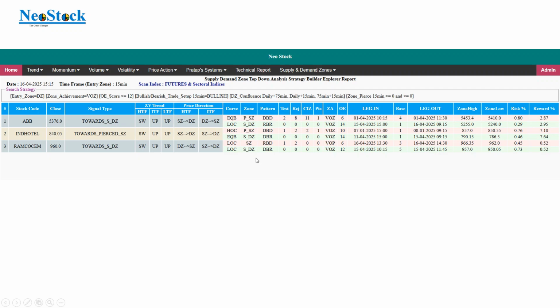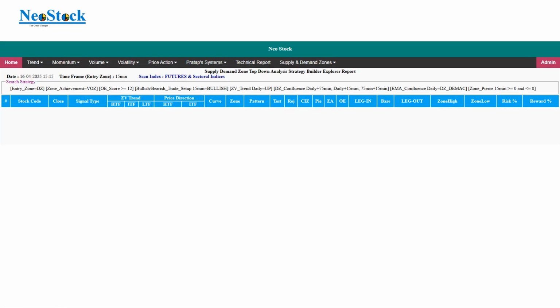All the 3 15 minutes demand zones are overlapped with 75, both together again overlapped with daily. But daily trend is sideways. EMA confluence, you won't get any stocks because sideways stocks will be filtered. So we did not get any stocks.